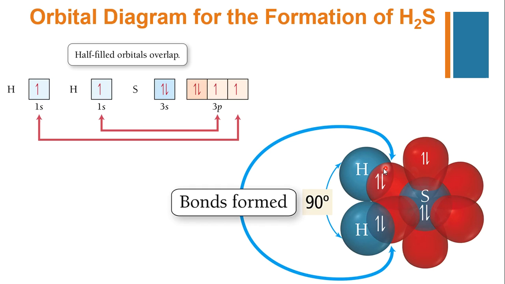So this is the overlap right here. This would be where they share electrons. So this would be a chemical bond right here. And this would be the other chemical bond right here. Again, the overlap of 2 orbitals. So that's taking the valence bond theory approach and looking at this from a quantum mechanic perspective.